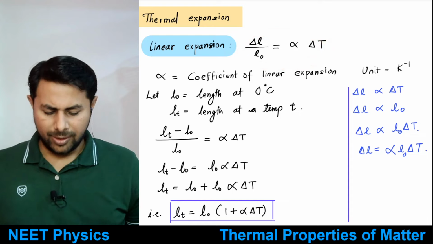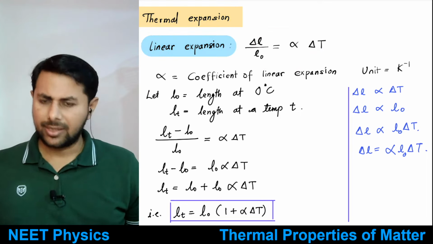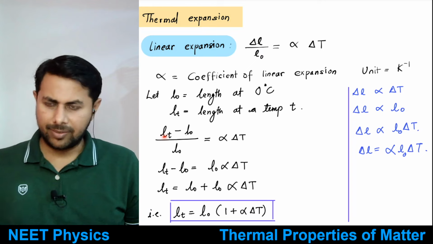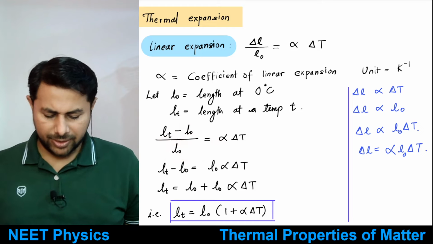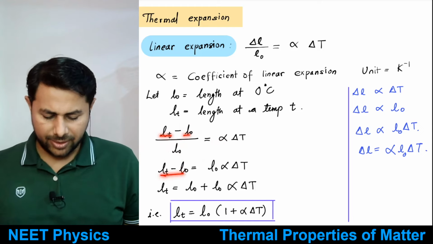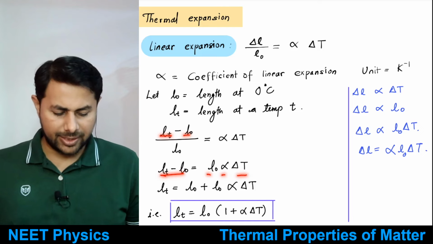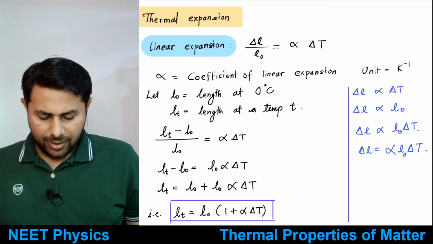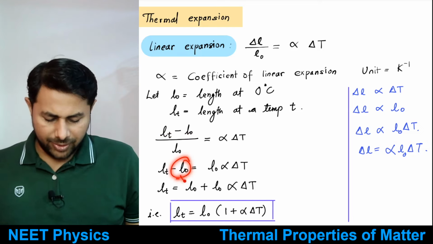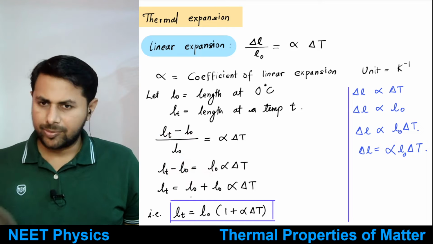Then you can write that delta L is equal to the length at temperature T minus L naught. Again you can move that L naught on this side and you get L T minus L naught is equal to L naught alpha delta T, which is basically this relation. And the minus L naught, if you move to this side, becomes plus L naught.